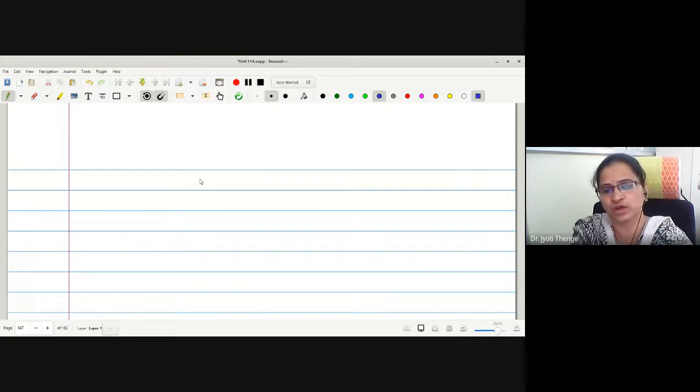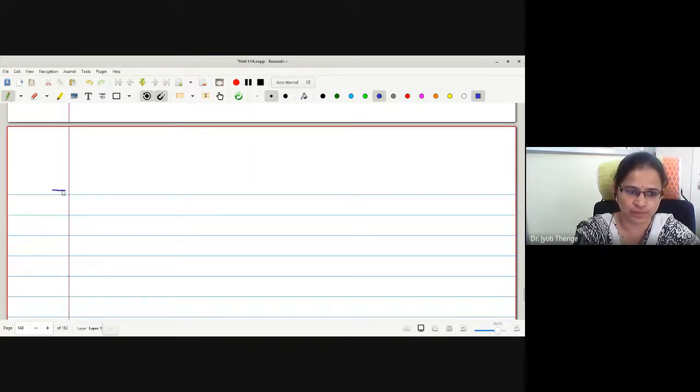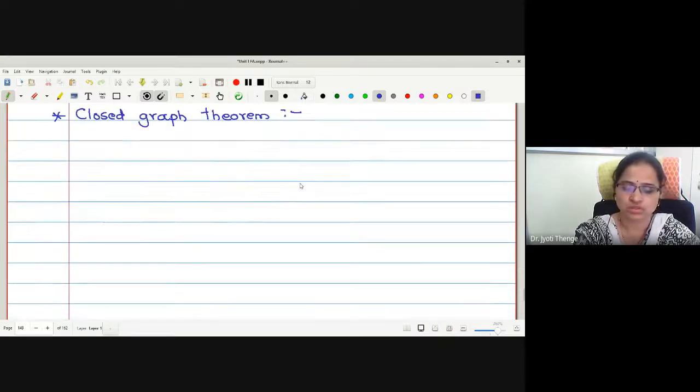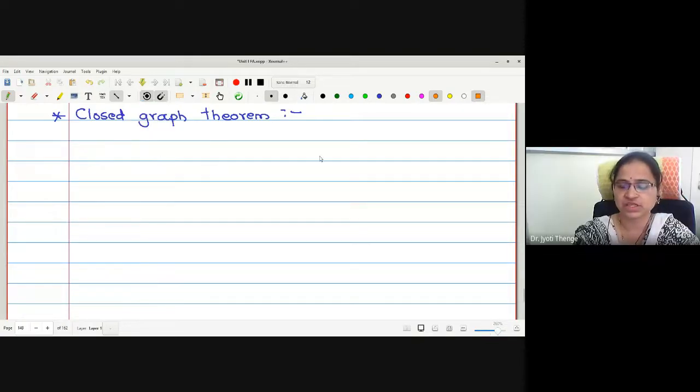Now let us move ahead towards the next point of the syllabus called the closed graph theorem. We are going to define the closed graph theorem. What do you mean by the graph of any function? What kind of set is it? It consists of x and y coordinates, where y is the image of that point x, right?